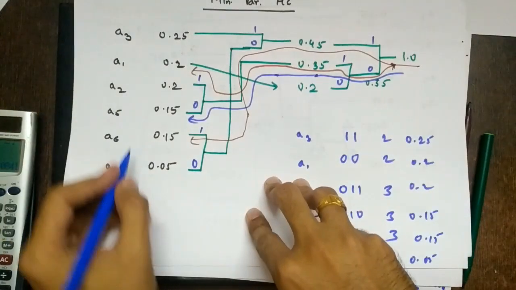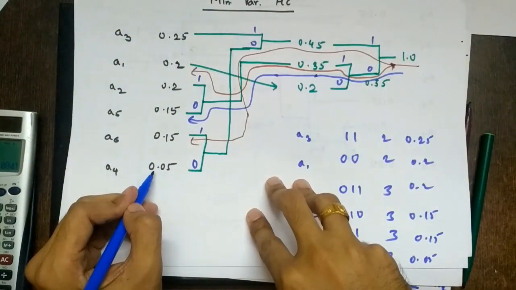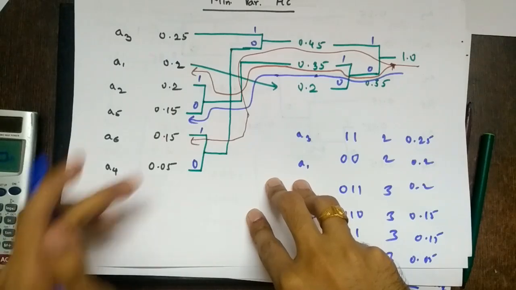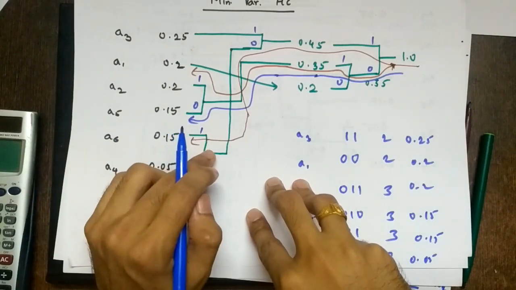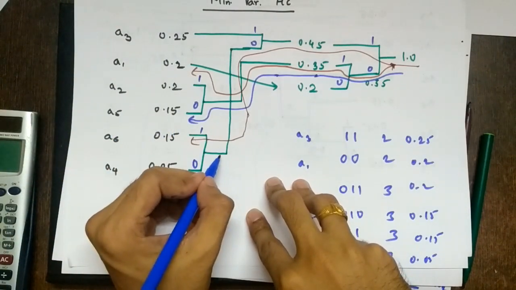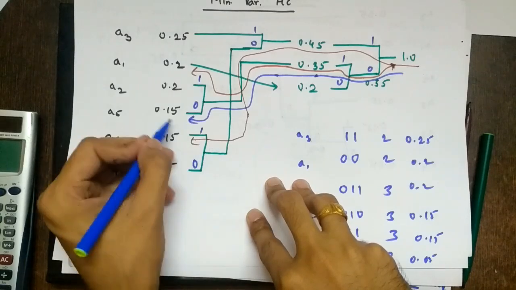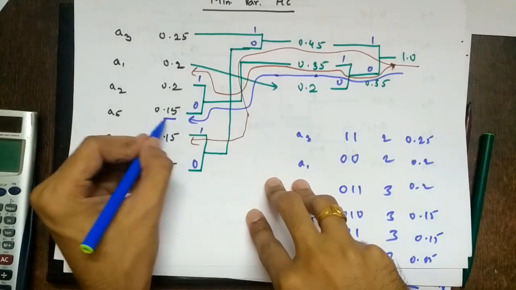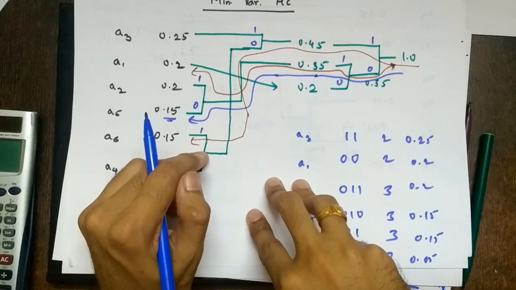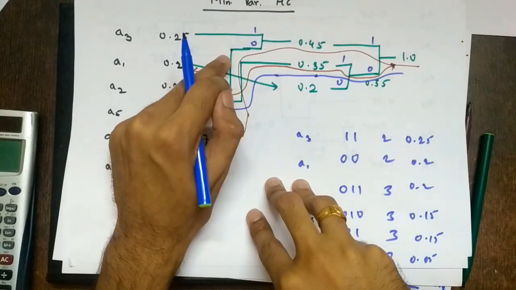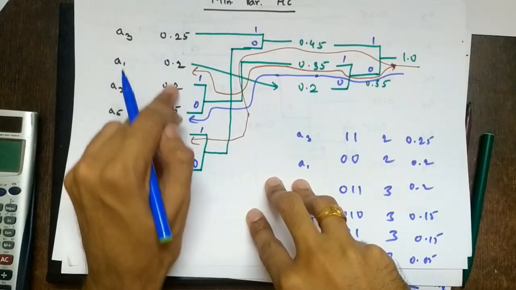What we do, we arrange as usual in descending order. Then we start from the lowest two probabilities, add them. Then we check whether the value which we have got is less or higher than the above one. If it is higher, then we have to take it upwards corresponding to the descending order.